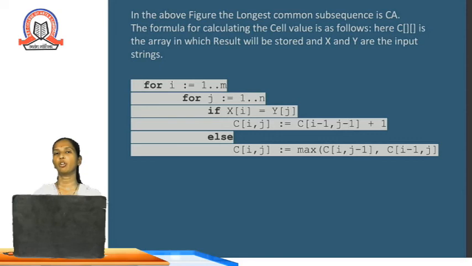As I already said, if an element from one list is similar to an element in the second list, then we take the diagonal element plus 1, that is C of i minus 1, j minus 1, plus 1. And if the elements are not similar, then we take the max of the left element and the top element. That is the formula for calculating the LCS problem. That's all.